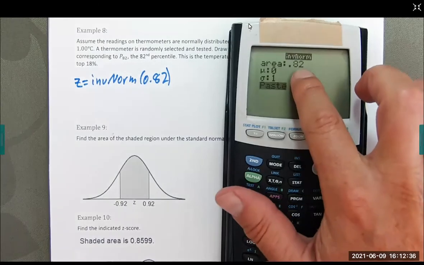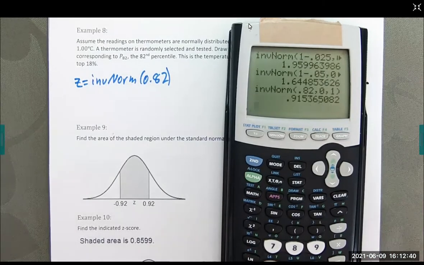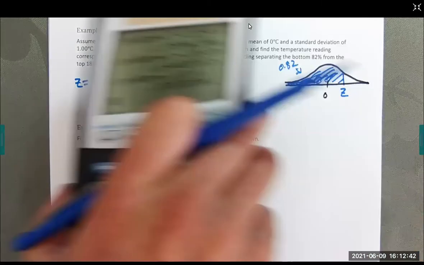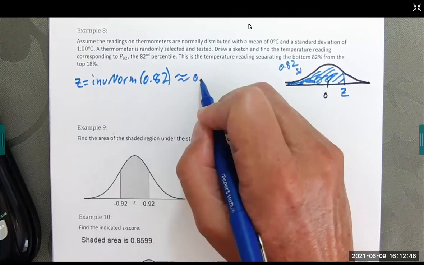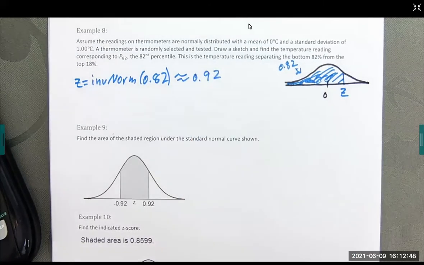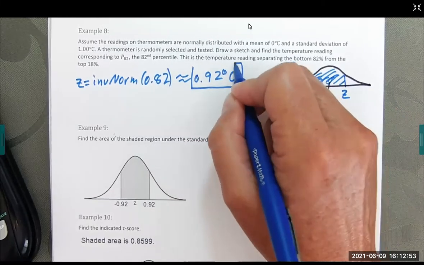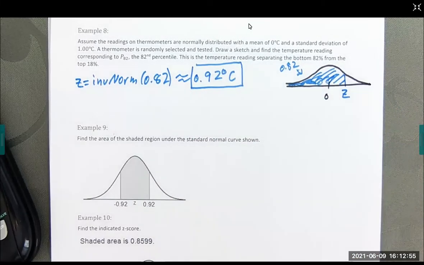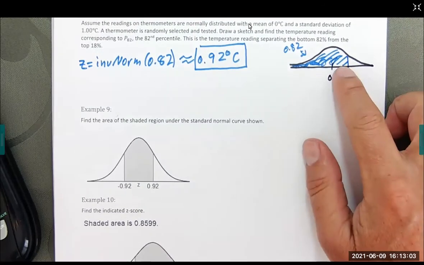And because that's bigger than 50%, that's for sure going to be a positive z value. So we get 0.92 degrees Celsius. Not too bad. So again, because we had the area, we're using inverse norm.